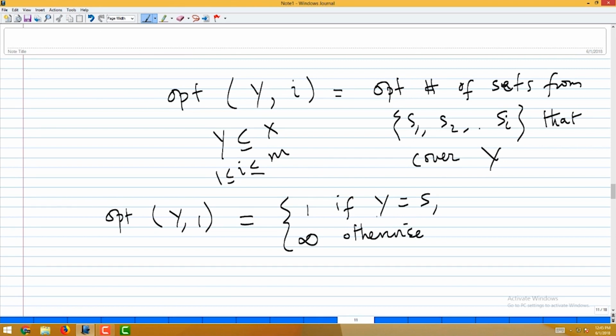Basically, I am telling you that I can't cover your set Y with S1 alone. Do I really need Y equal to S1? If Y is contained in S1 it is also good, because I want S1 to cover Y. S1 may contain more things. So, this is the base case, and for 1 I can compute it for every set.